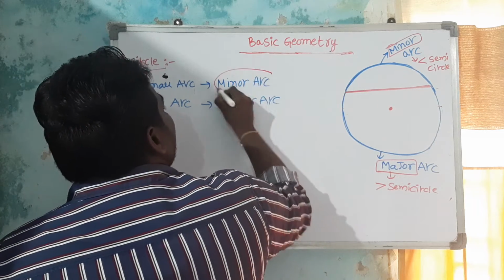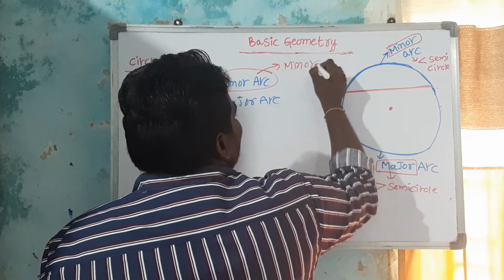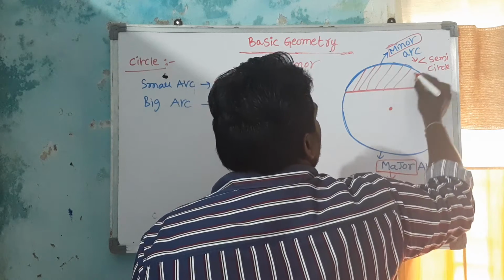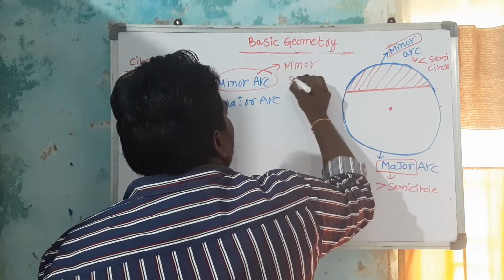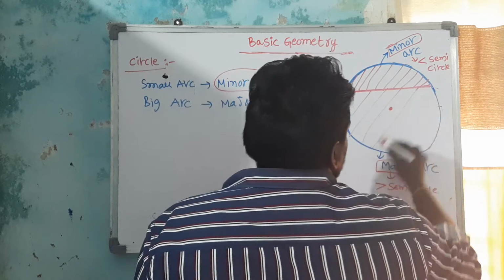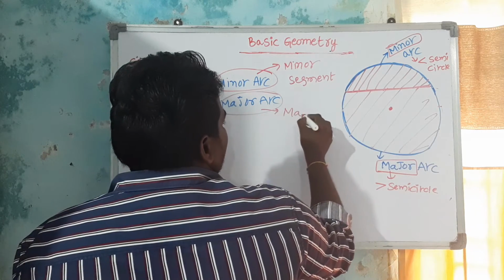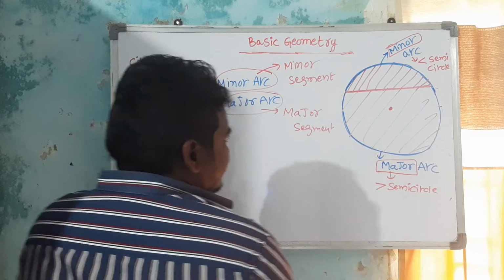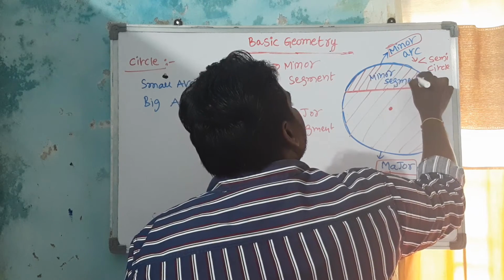The formation of a segment with a minor arc is called a minor segment. The area enclosed by the minor arc and this chord is called the minor segment. The area enclosed by the major arc and chord is called the major segment.